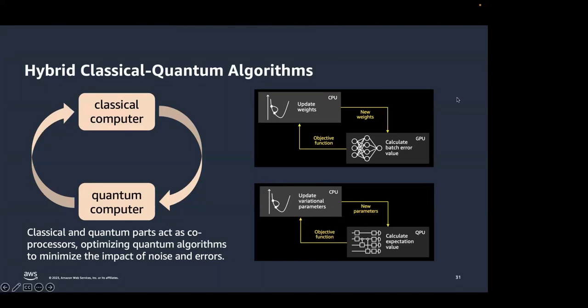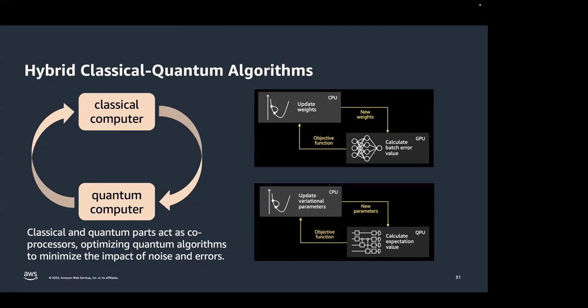For example, on this diagram, when you train a neural network, you update weights on the CPU, and the new weights are given to the neural network, which runs on GPUs and calculates the batch error value. That is then used to compute the objective function, which is again used to update the weights, and this cycle goes on and on, right?